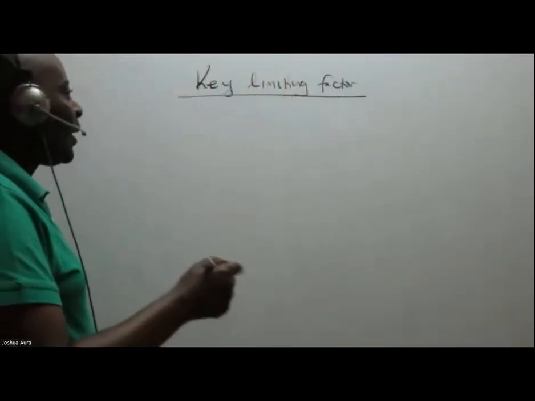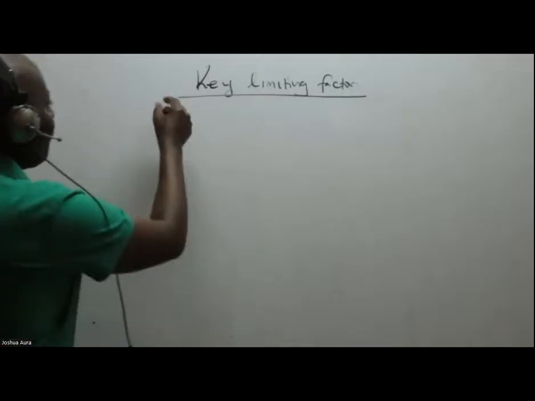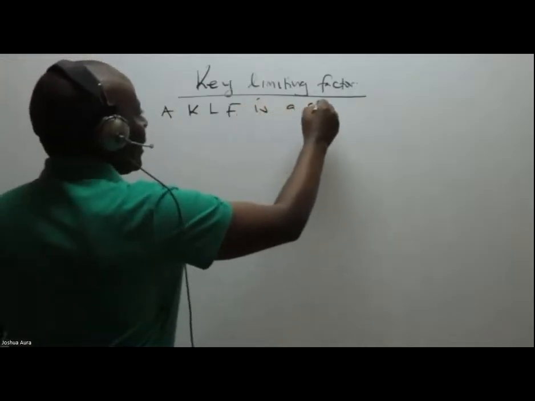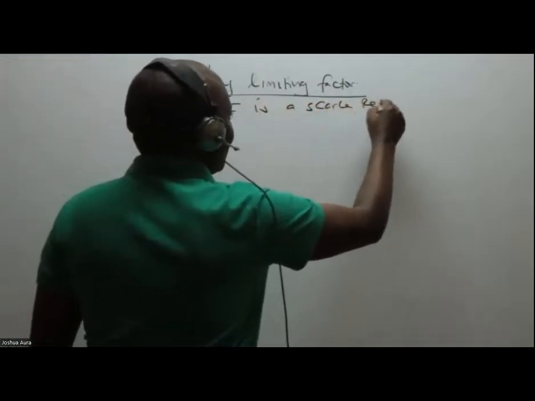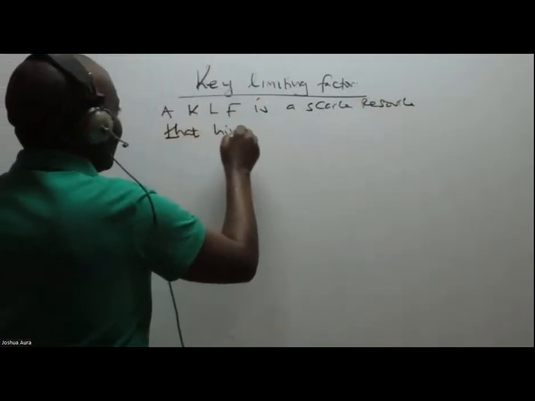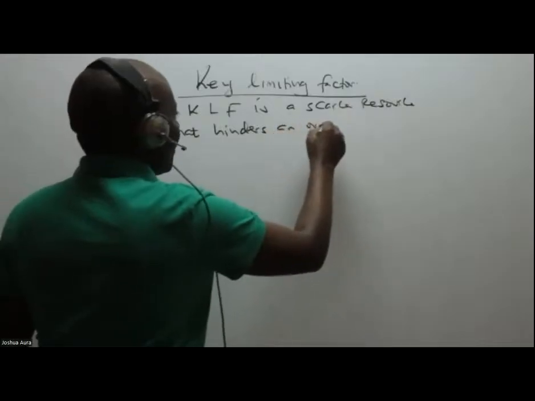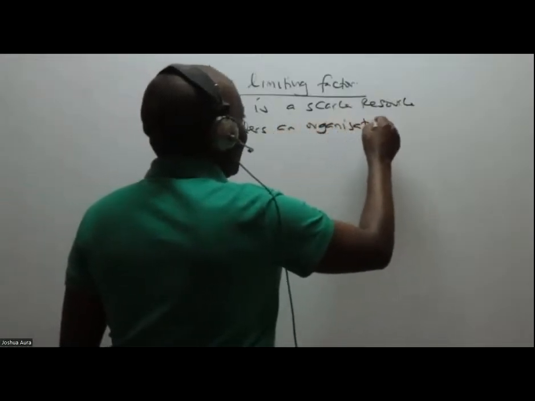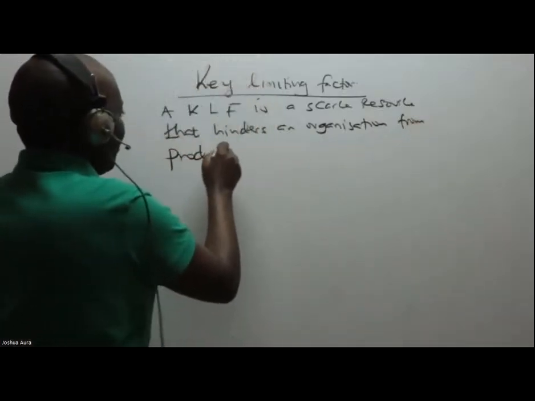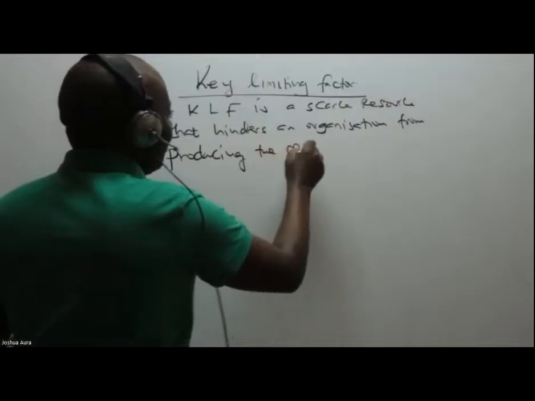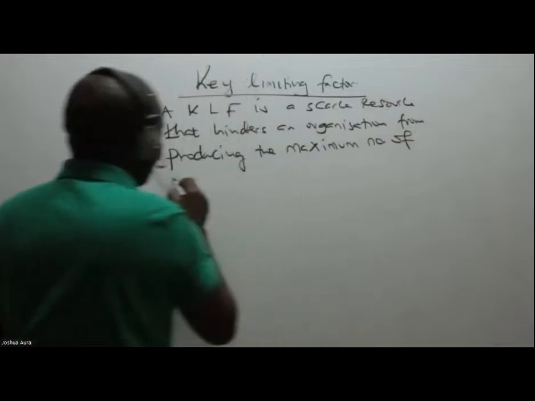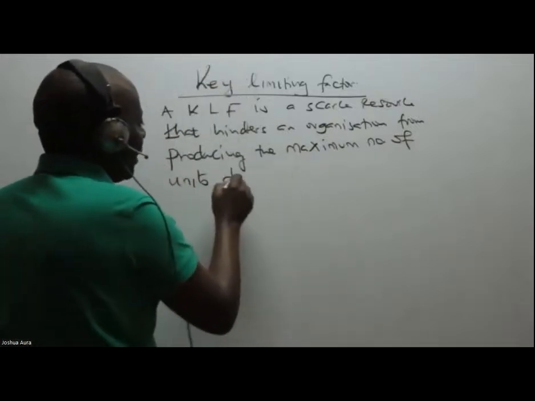Okay. So remember that a key limiting factor, a KLF, is a scarce resource that hinders an organization from producing the maximum number of units demanded.